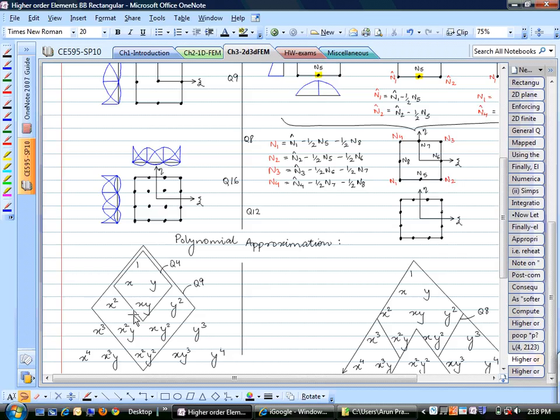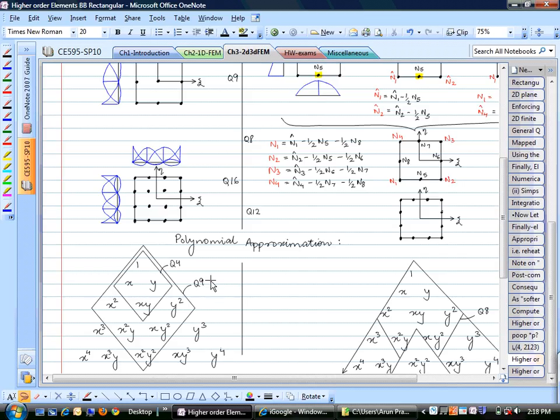So what is the order of polynomial that Q4 approximates completely, quote unquote? To what order of polynomial is Q4 complete? It is complete up to this point, right? The only extra term right here was this, which means it is complete up to linear terms.